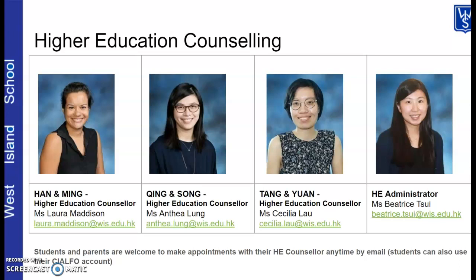They work with that student across the 2 years, and Miss Choi, who is our administrator, supports all of those HE counsellors, and she's also a HE counsellor herself, so she will be supporting Miss Madison this year in particular, because Miss Madison is taking over some of the social emotional well-being counselling. So if you're in Han and Ming, then you can also contact Miss Choi as well.